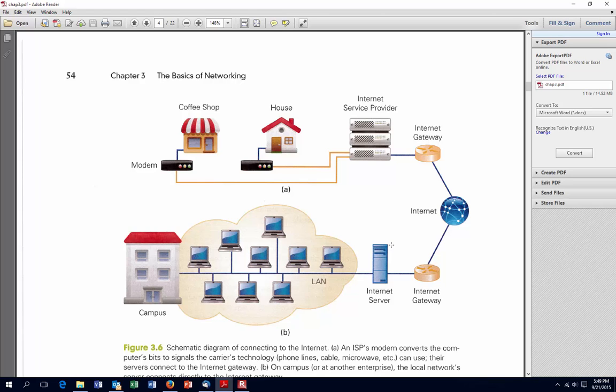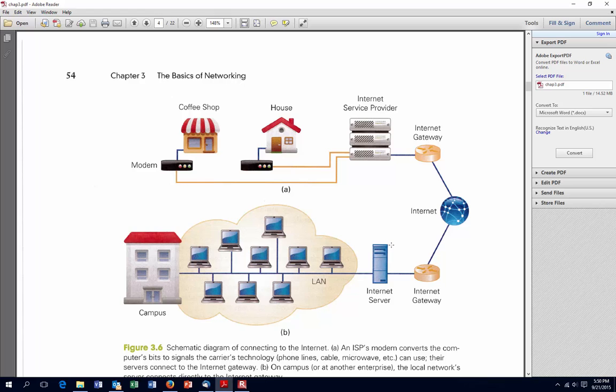From there, it goes out through their internet gateway, which would typically be to one of your large service providers like Verizon or Sprint or AT&T, someone of that magnitude, which channels it into the internet. And on the other end, you just kind of reverse the process.